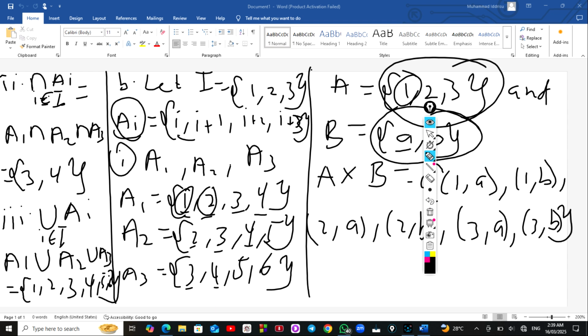We only need 5 from the second, and from the third we only need 6. So our union is {1, 2, 3, 4, 5, 6}. Okay, and that is it for question 3B.